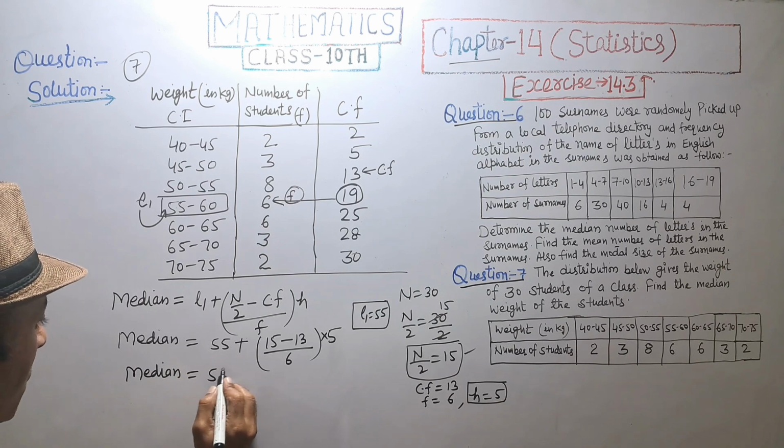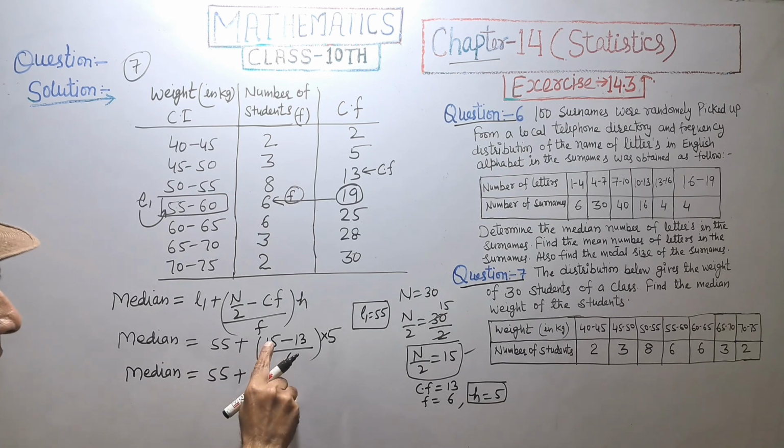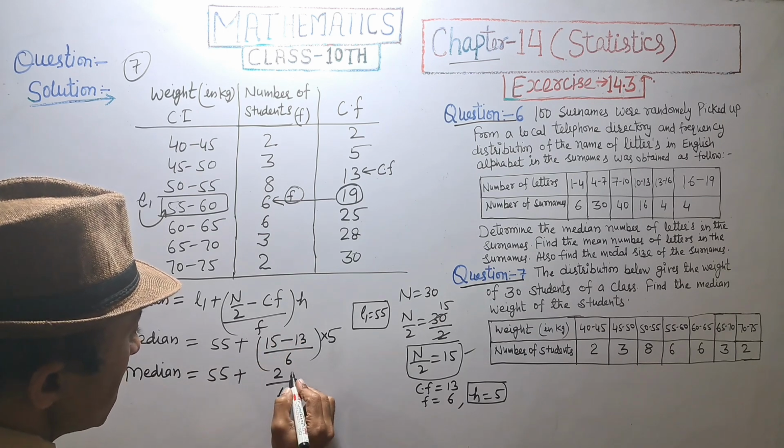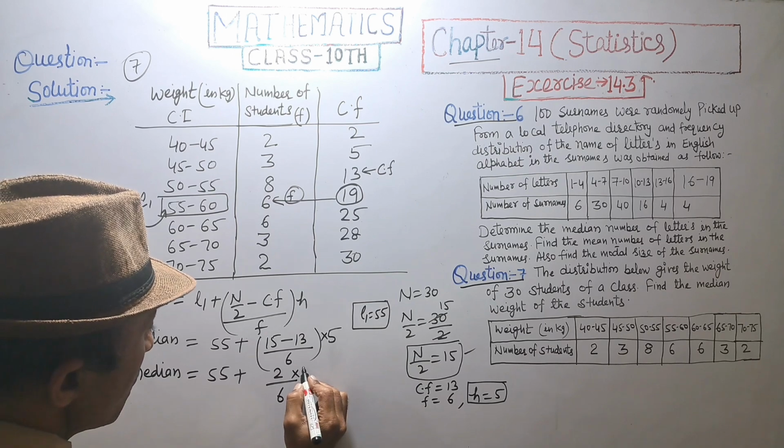Median is equal to 55 plus 15 minus 13 is equal to 2 upon 6 into 5.